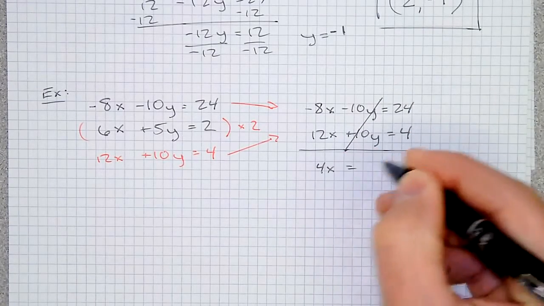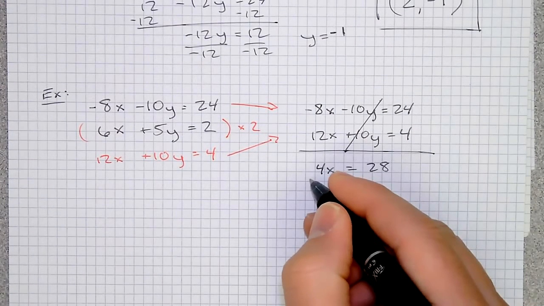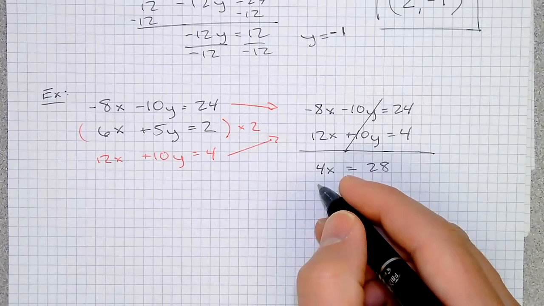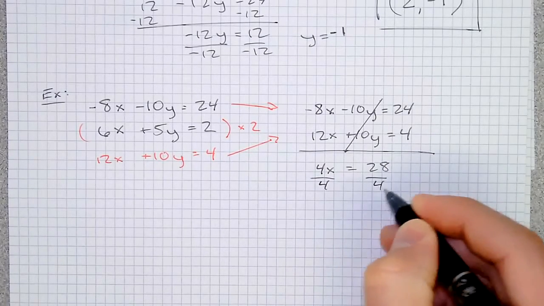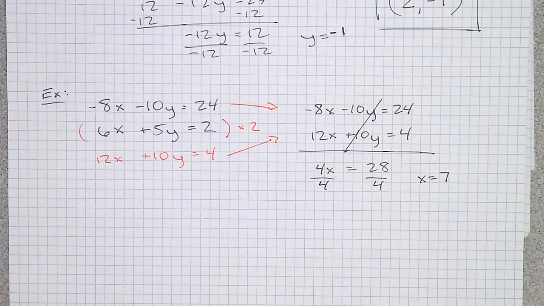We get 4x equals 28. So divide both sides by 4. We get x equals 7.